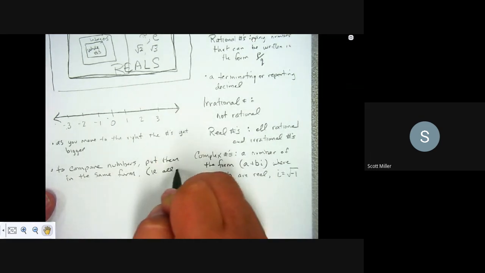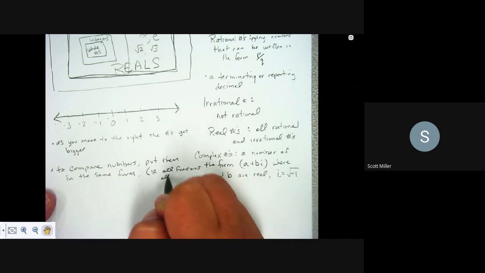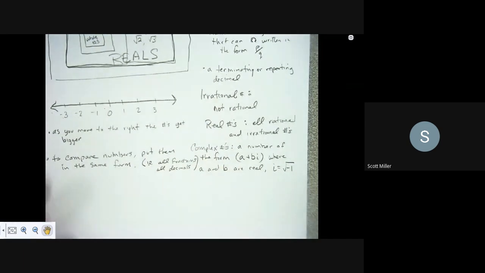In other words, put them all as fractions or all as decimals. All fractions or all decimals, okay? It's really hard to compare a fraction with a decimal.